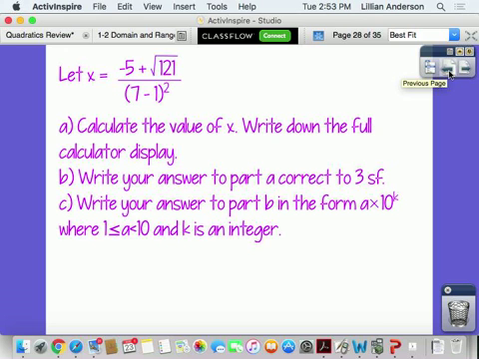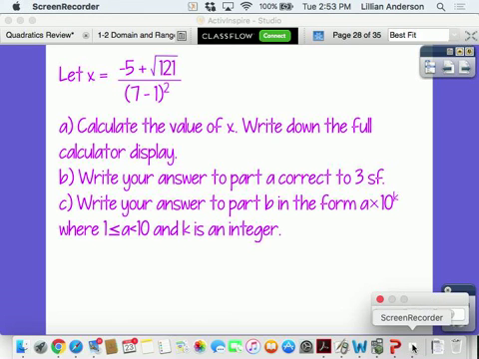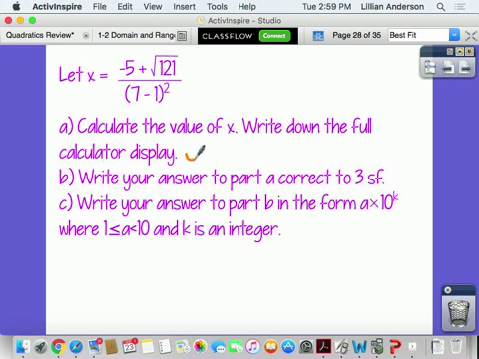You guys doing this one? What was the value of X? Give a full calculator display. What did you get? 1.6, was there a 1 in there? Yeah, it is 1.6. How many sixes? 8.